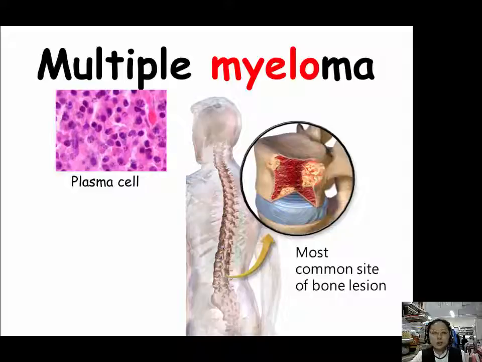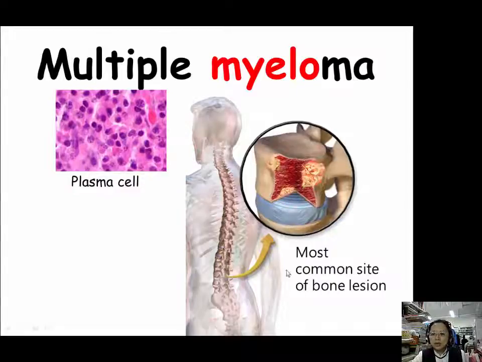However, in multiple myeloma, collections of abnormal plasma cells accumulate in the bone marrow, where they interfere with the production of normal blood cells. Most cases of multiple myeloma also feature the production of a paraprotein, an abnormal antibody which can cause kidney problems.